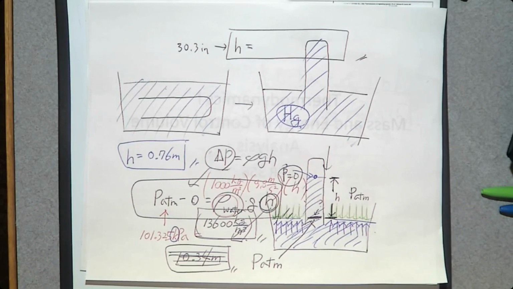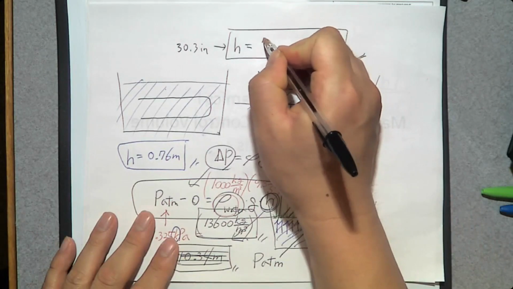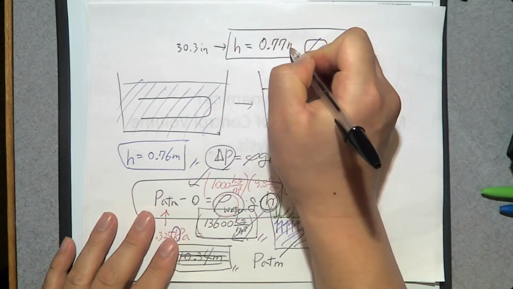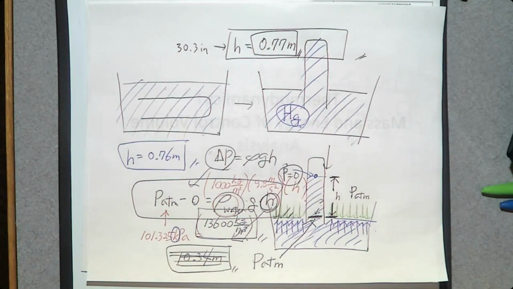So 30.3 times 2.54 and divided by 100 will give you meters. So you get 0.77 meters. This is today's reading when you have a barometer. And when you compare to this reference value, 0.76, pressure is higher than usual.